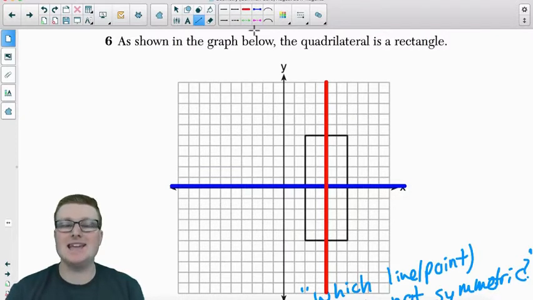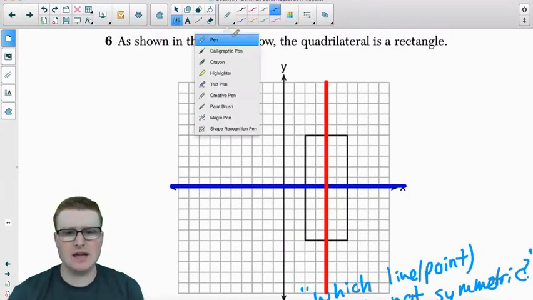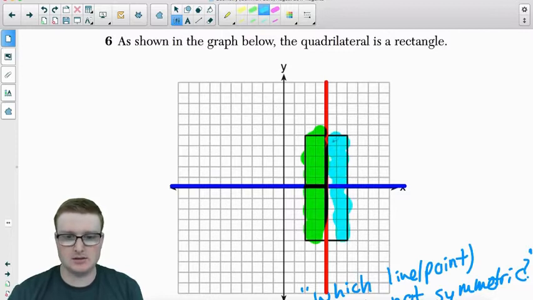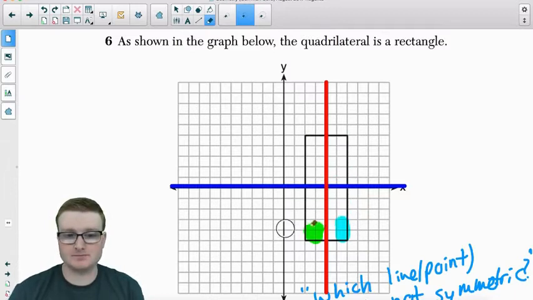Is that a line of symmetry for this rectangle? Of course it is. Absolutely. It's symmetric on both sides. This is symmetric to this. 2, 4, 6, 8, 10, 12, 14, 16, 18, 20 boxes. So that does work. Let's keep going.